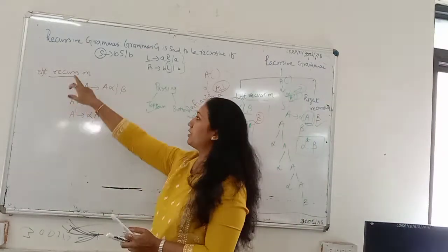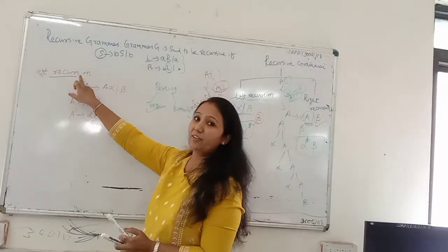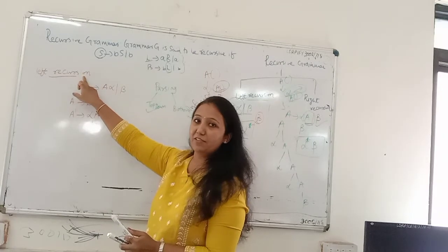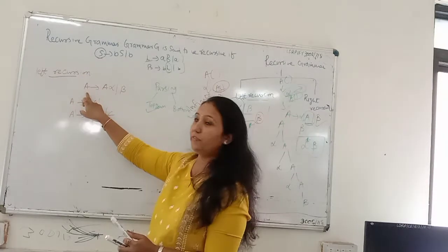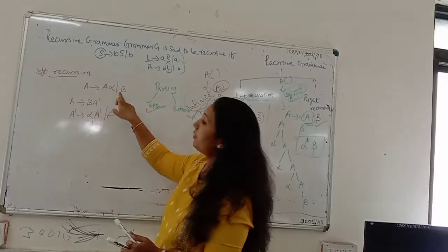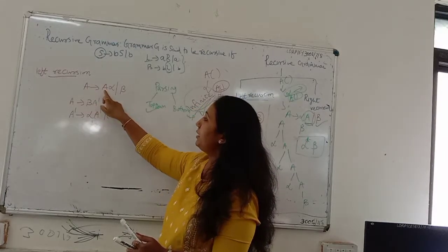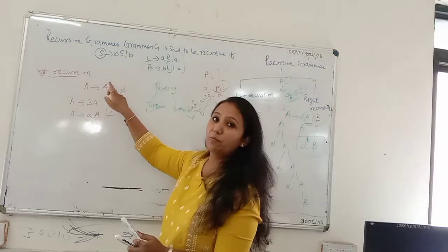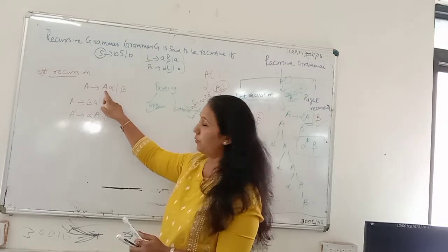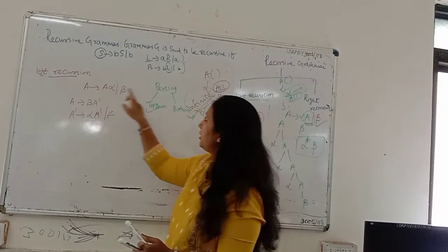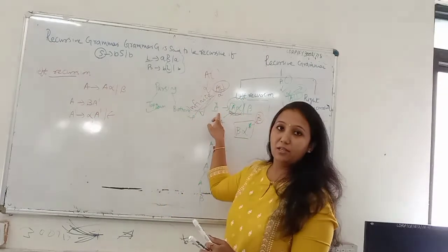We can call a grammar a left recursive grammar if there is a production of the type A → A alpha or beta. Here the left hand side non-terminal is present at the leftmost position in the right hand side of the production, and due to this the infinite loop is generated.